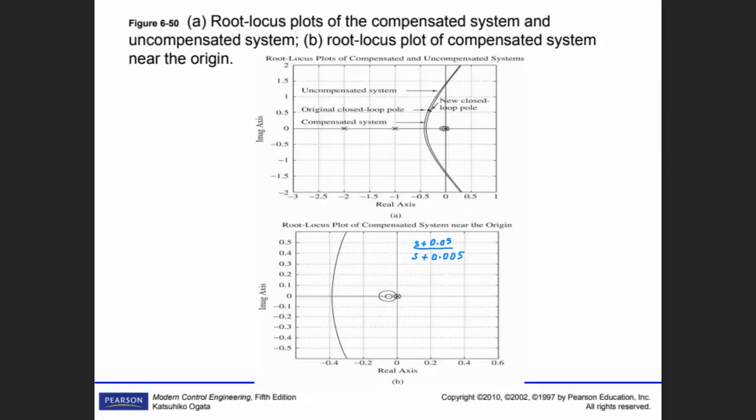Original equation was, I'm writing it here too. G of S was equal to, not the transfer function, I'm just writing the GS, 1.06 over S plus 1, right? Yes. S plus 2.